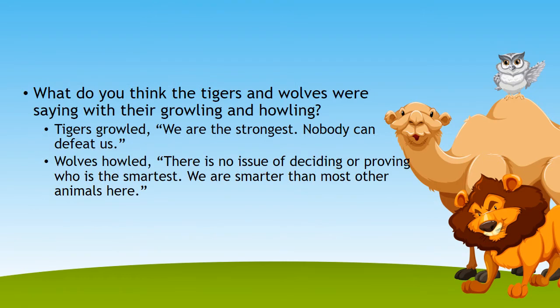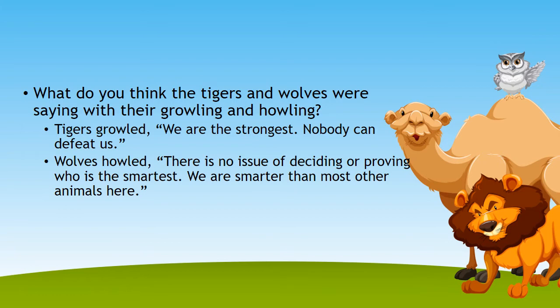What do you think the tigers and wolves were saying with their growling and howling? Growling and howling are the noises that they make, the sound that they make. Tigers growled. This is totally on your imagination. You can write your own answers as well. But here I have written just these two sentences.